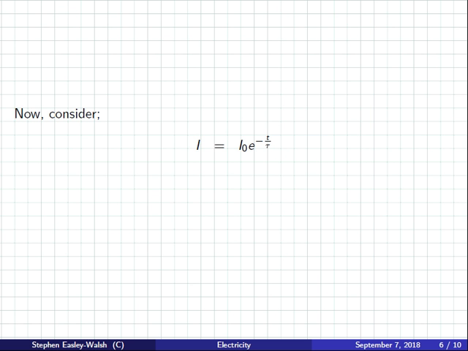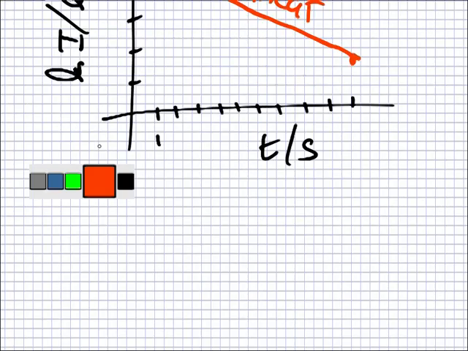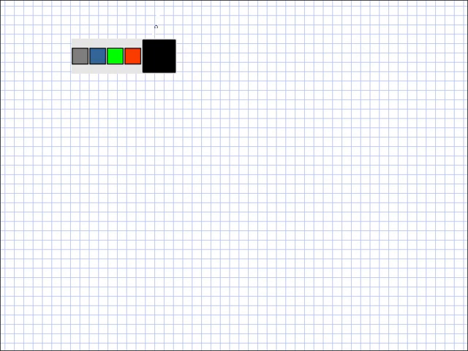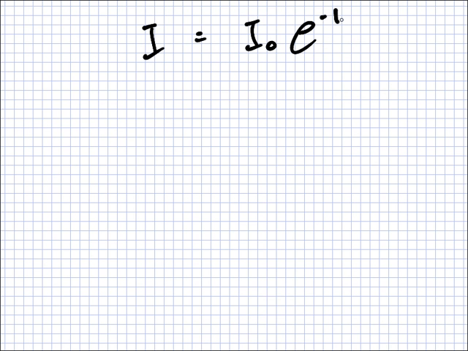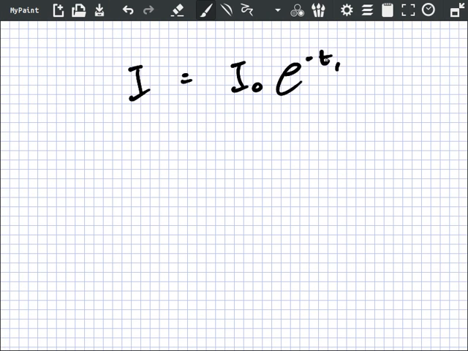What they want you to do is to take this formula and put a log on it and see what happens. So if you can write this down, you imagine you have I equals I0 e to the minus t over tau. So you put a log here, you put a log here. Okay?